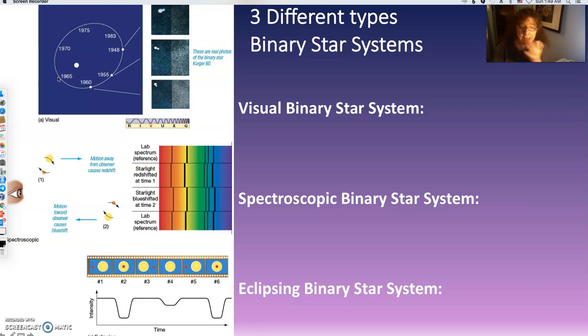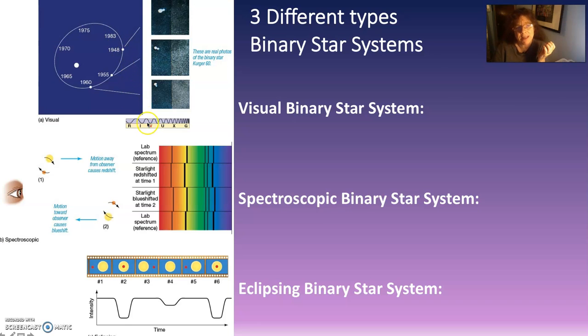And conversely, you would see a blue shift, meaning that from the reference, these lines seem to shift toward the blue when this smaller star starts coming toward your frame of reference in the 1980s to complete its orbit. So that is how we tell about spectroscopic binary star systems, red and blue shifting.